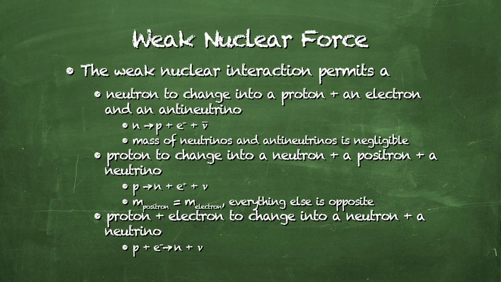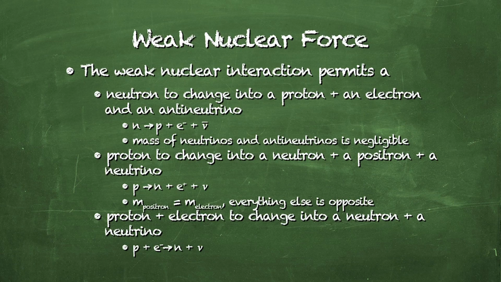Now, this reaction balances both the nucleon number. A neutron is a nucleon, and a proton is a nucleon, so we have one nucleon on either side. We start off with 0 electrons, and we have to balance the electron number as well. Since we have 0 electrons to begin with, and have 1 electron to end up with, we balance that out with an anti-neutrino.